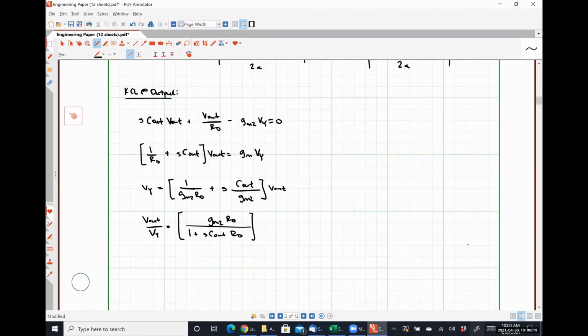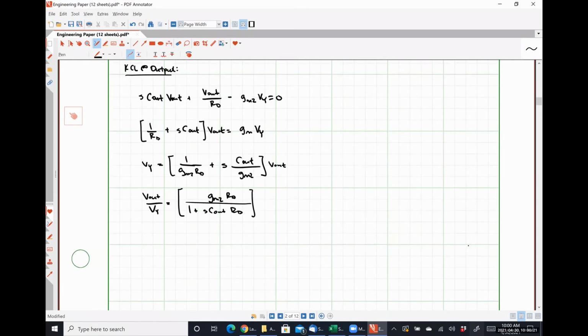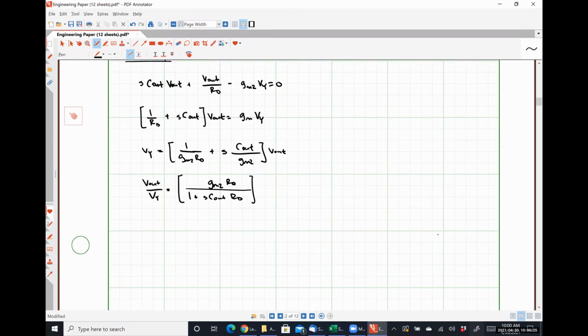So if I multiplied all my transfer functions together, well, actually, before we do that, sorry, I'm kind of jumping around here. And I noticed something that I didn't notice last night when I was making out these notes. We could see that we're going to have a third pole that is simply at 1 over C out RD.